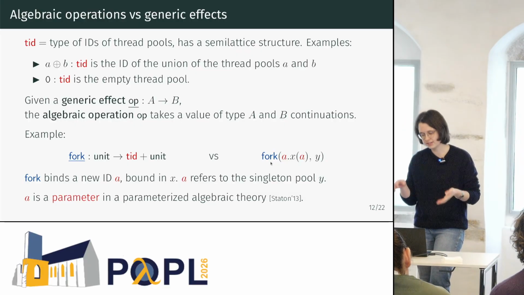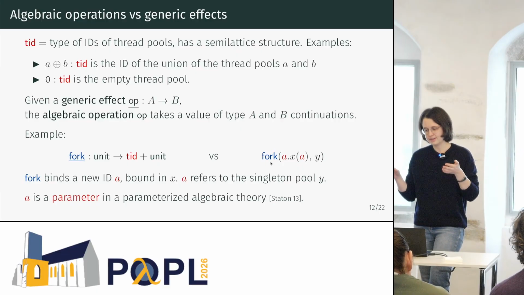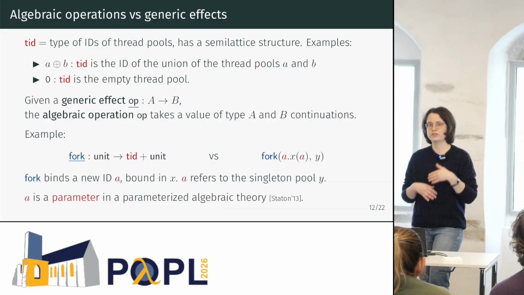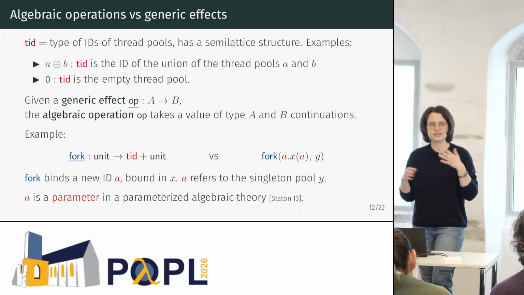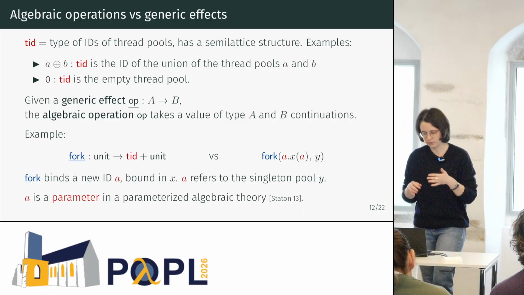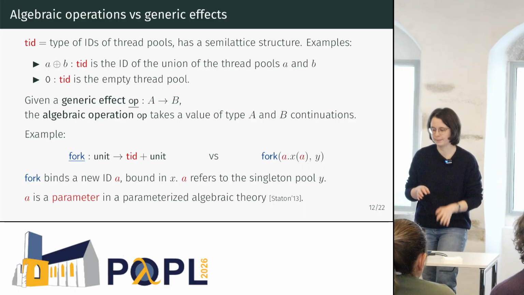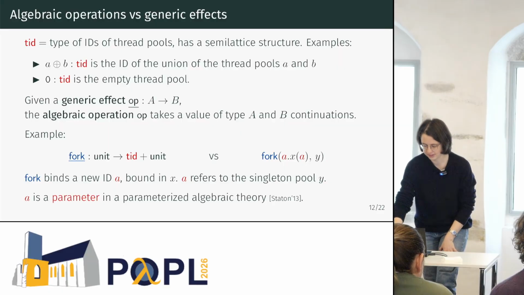And because of this, fork goes beyond the usual framework of algebraic operations, but it's still part of a well-behaved notion of theory, which I won't explain in this talk because I don't have time. So you can ask me afterwards if you want.